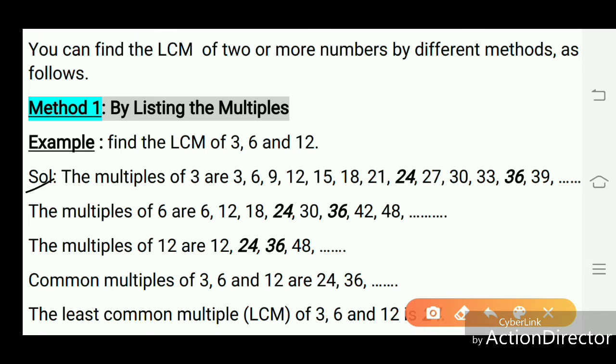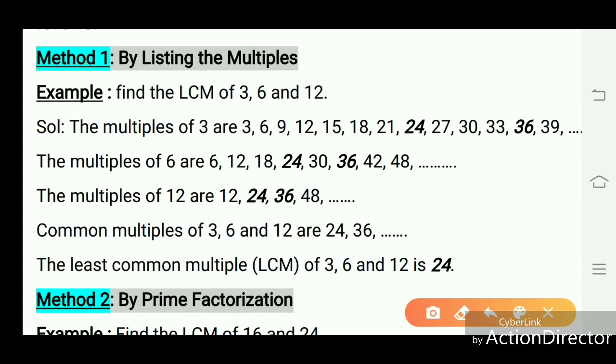The multiples of 6 are 6, 12, 18, 24, 30, 36, 42, 48 and so on. The multiples of 12 are 12, 24, 36, 48 and so on.